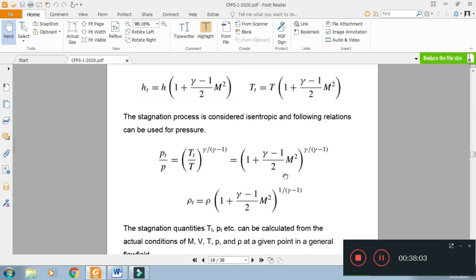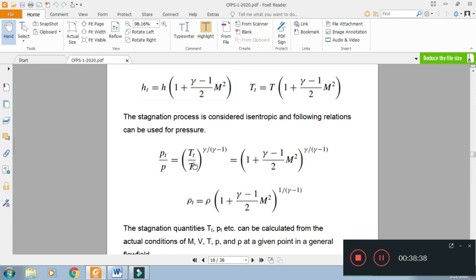From the total temperature and static temperature, the ratio between total pressure and static pressure can be determined. This is the isentropic relation for pressure versus temperature. When we are defining the stagnation pressure, we are saying that it is the pressure when the flow is brought isentropically to rest. It is not necessary that the flow which is taking place is isentropic.